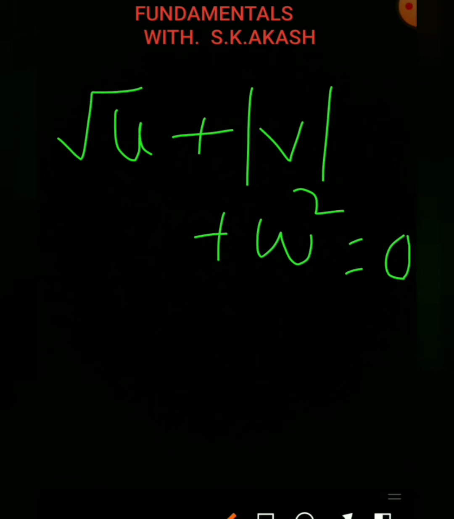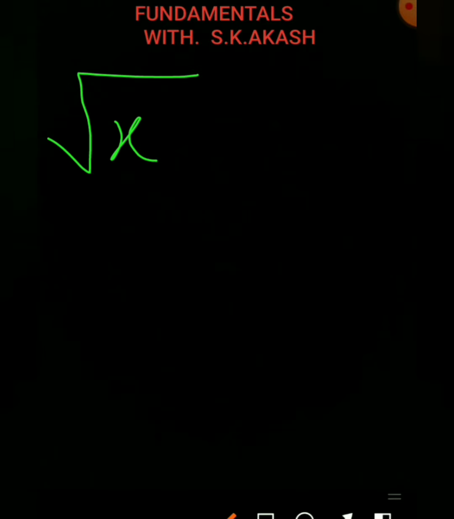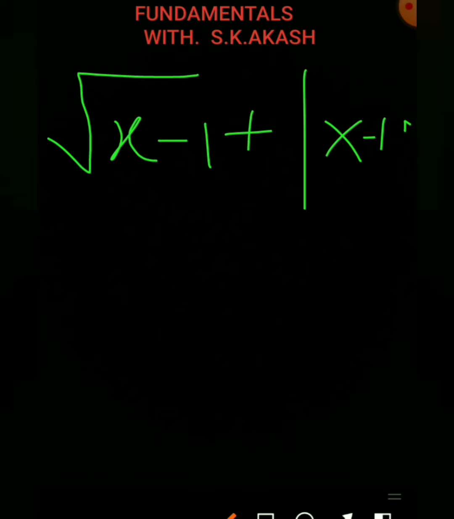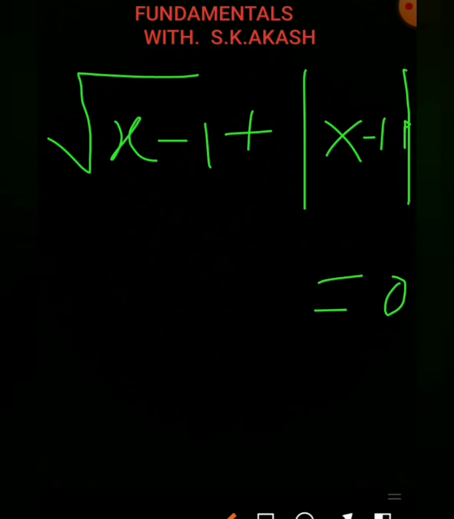Okay, next, depending upon this fundamental, you will see one example here. Root of x minus 1 plus modulus of x plus 1 equals 0, because we know that the root of anything plus modulus of anything will be equal to 0.